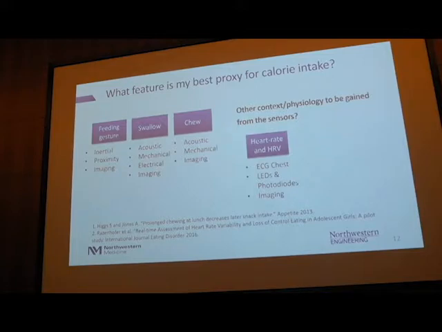But that hasn't necessarily been validated in other populations. There's also GSR, galvanic skin response or skin conductivity, which can help in estimating stress, that arousal which manifests with stress. And also whether you're eating alone or not, which tends to occur in people with binge eating disorder.